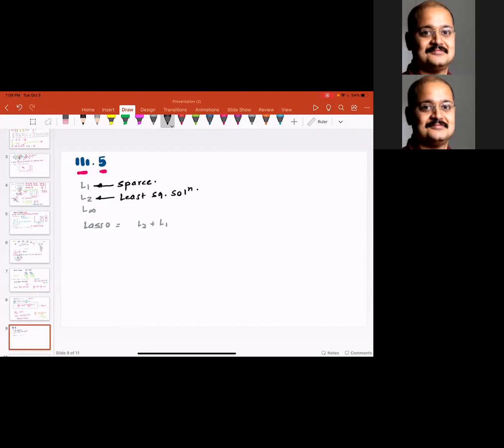In other words, problems that cannot be solved using traditional optimization techniques can have a solution if you use the L1 norm. So that is the advantage, and that prepares us to move on to the machine learning part of the section.